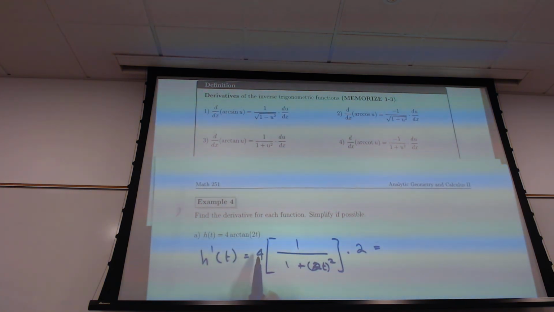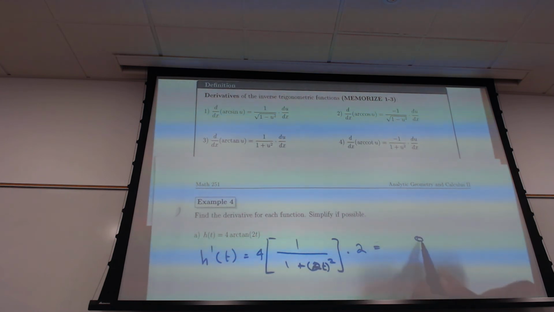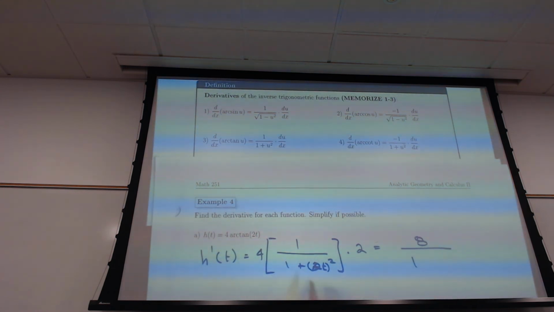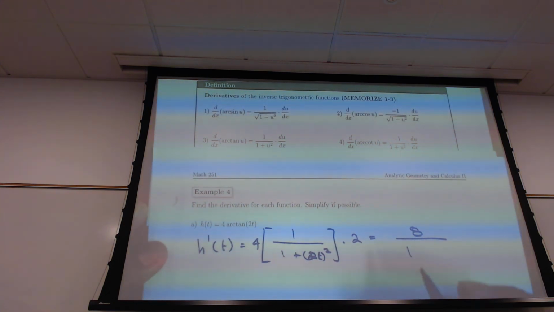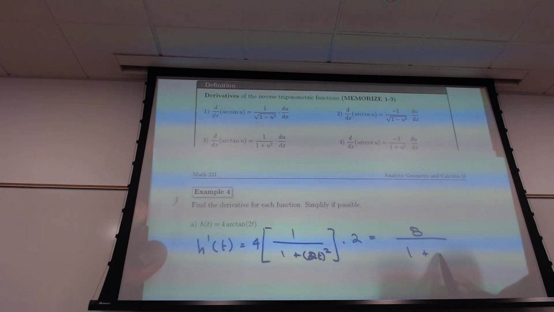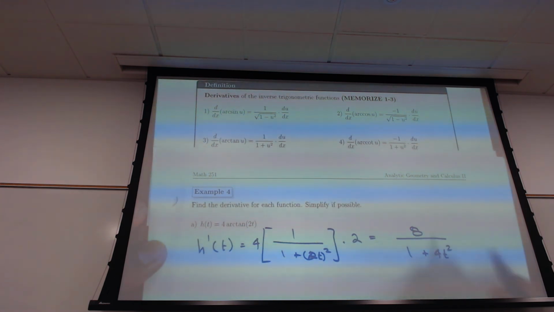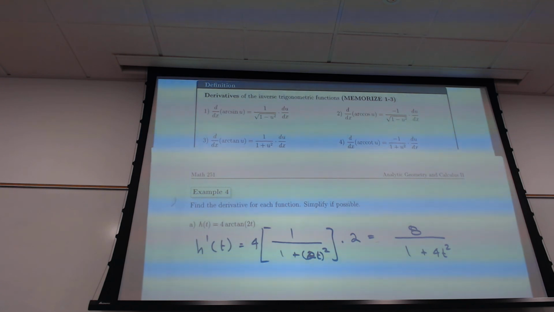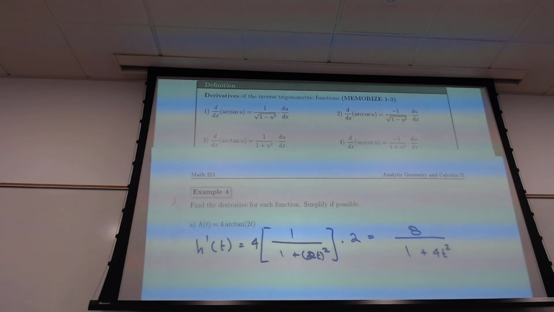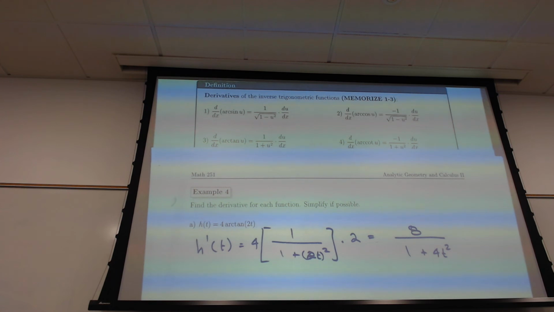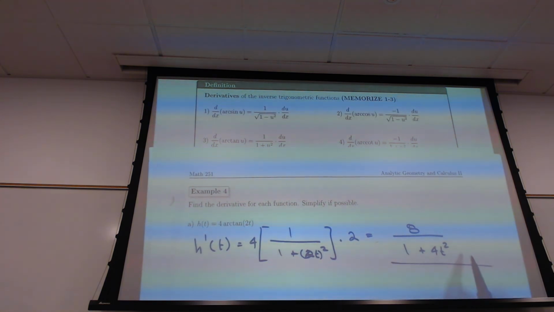We multiply 4 times 2, which is 8, and divide by 1 plus, what is 2t squared, by the way? 4t squared. Be careful, because a very common mistake, and I did that a lot as a student, is forgetting to square the coefficient as well. In this case that's because both numbers are inside the parentheses. But otherwise, if only the t had the power, we don't square that coefficient. All right? So that is the derivative.